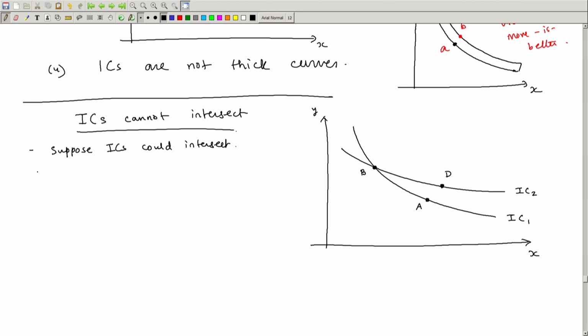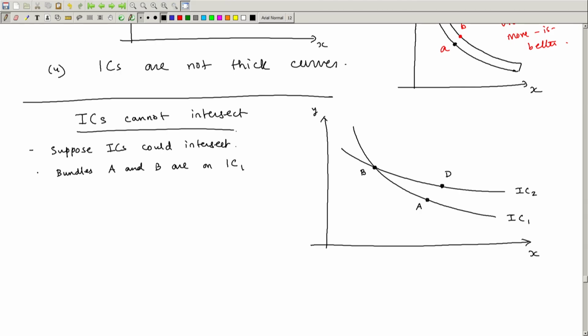Now, a few immediate things that we can claim. We know that bundles A and B are on the indifference curve IC1.